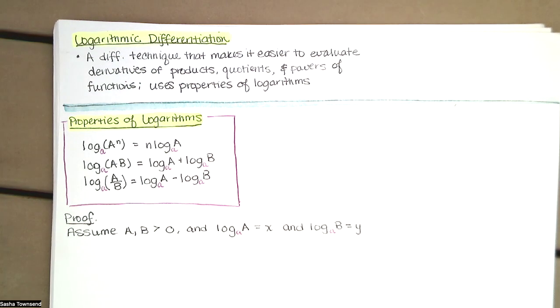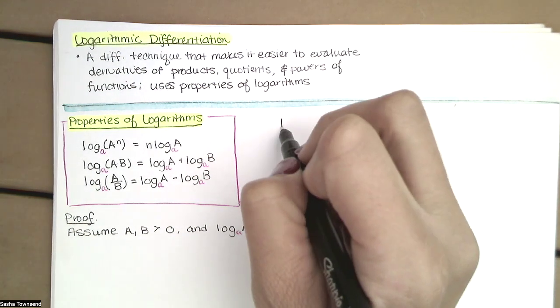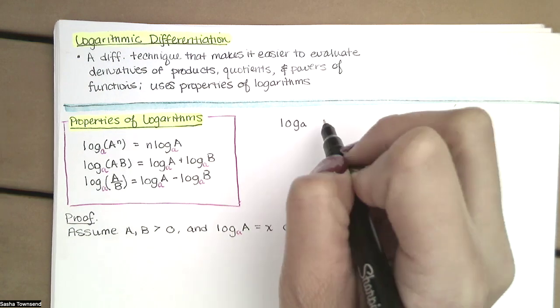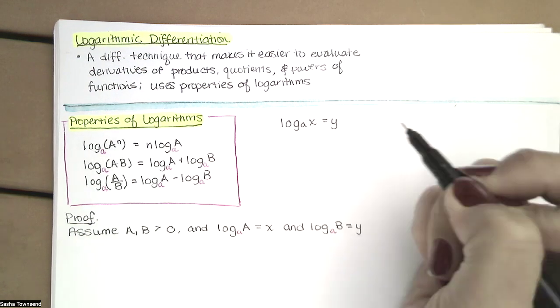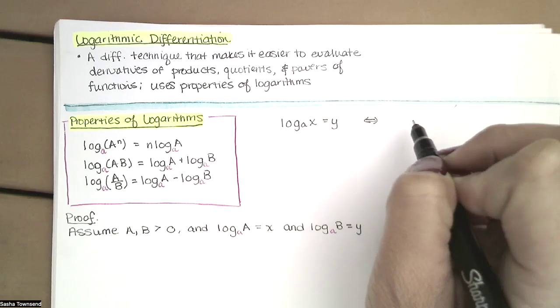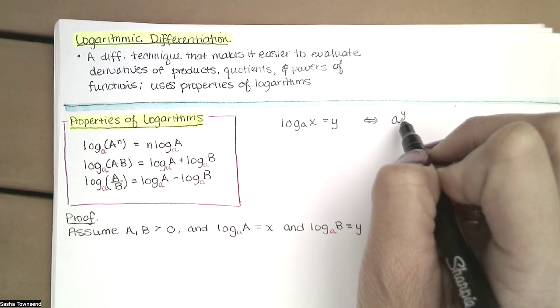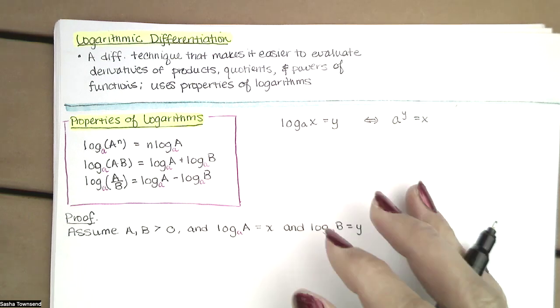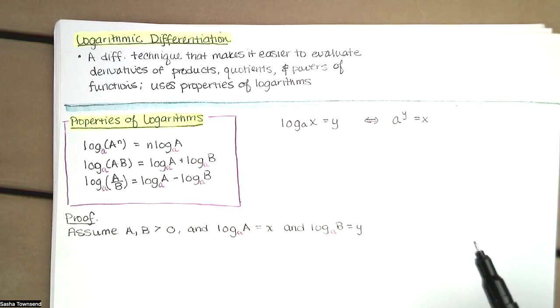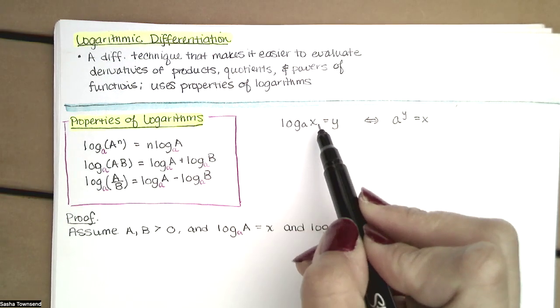Now, just as a reminder, if somebody asks you for the log base a of X, the answer is Y if the following is true: if a to the Y power equals X. So you can almost think of a logarithm as asking you a question. If somebody says, what is the log base a of X?